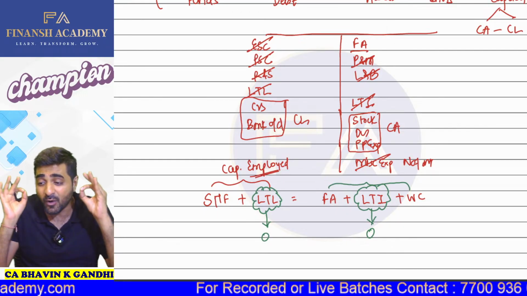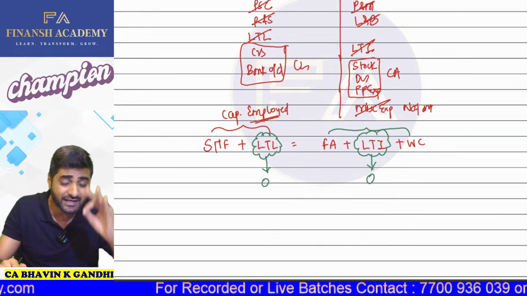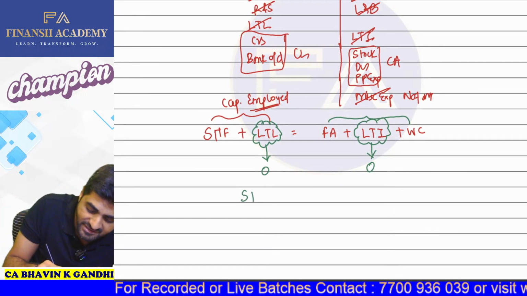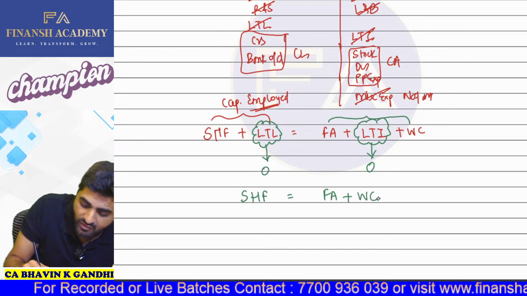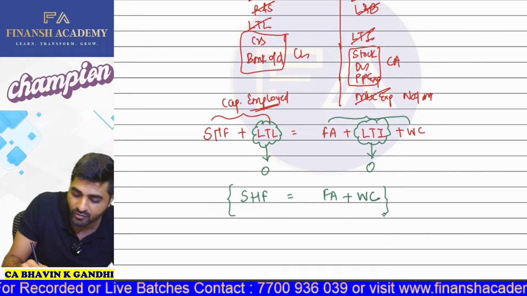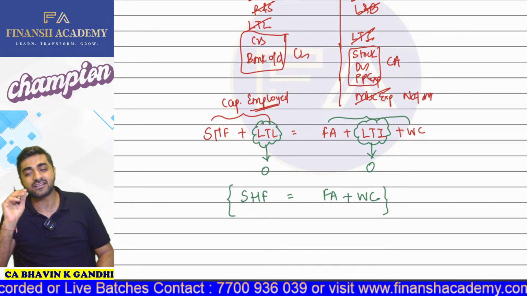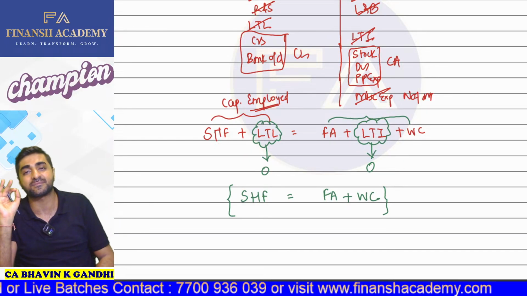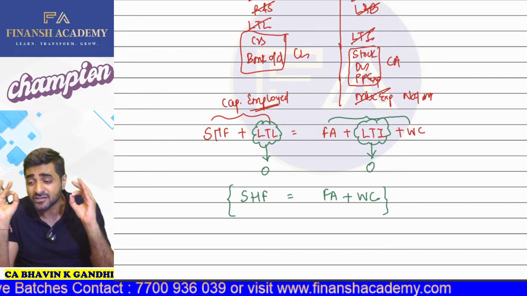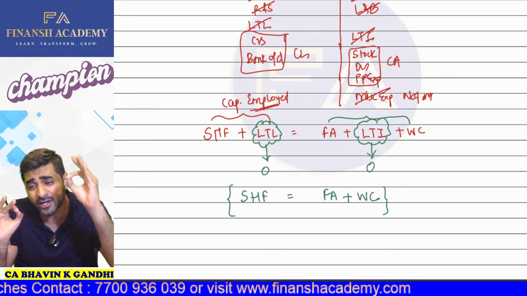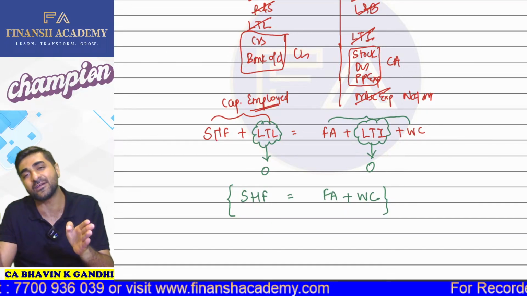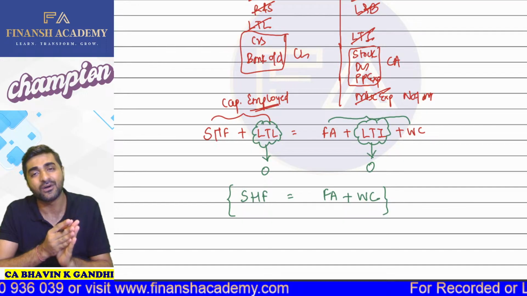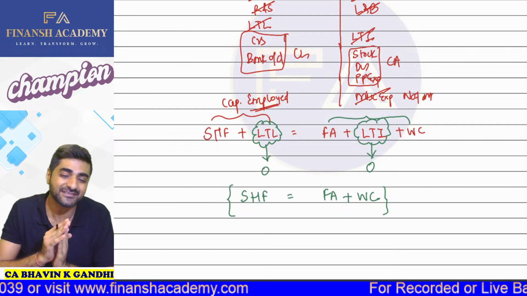So, what does it mean? If no data is given to you, we can consider shareholder fund is fixed assets plus working capital. Are you trying to understand this? In the absence of data, we can assume long-term loans and long-term investments as zero to do further calculations.